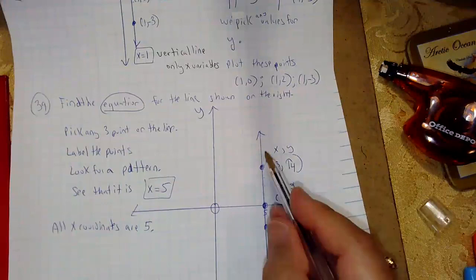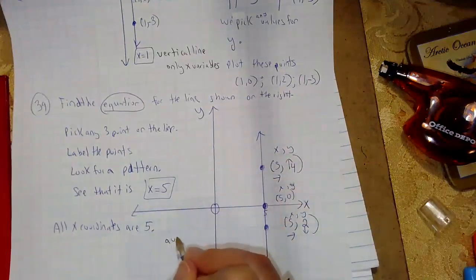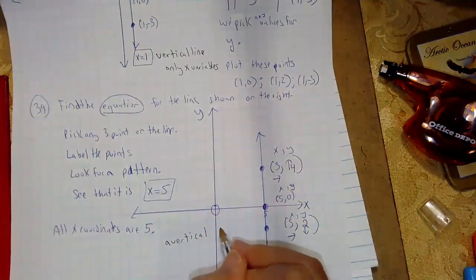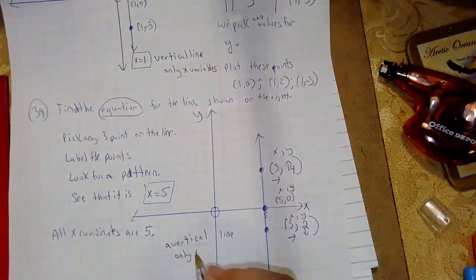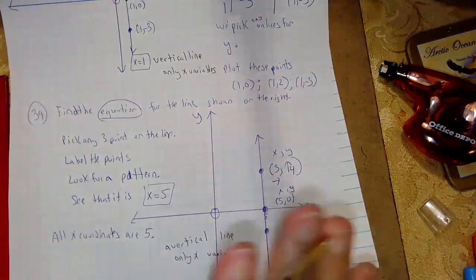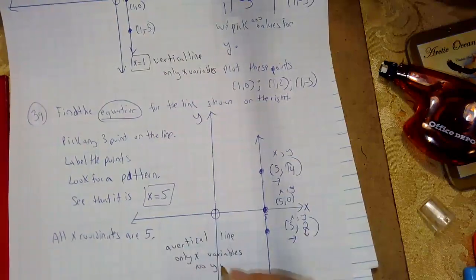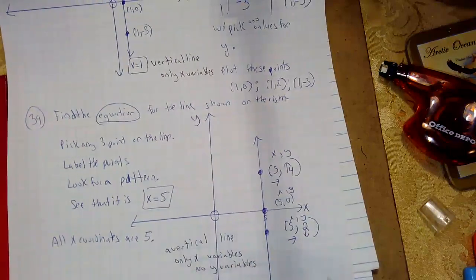This is a vertical line. And you have only x variables, so no y's, no y's.